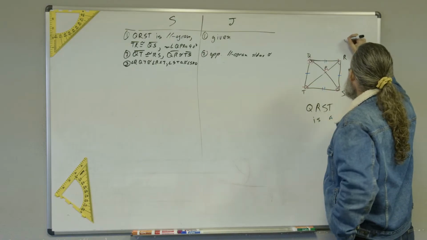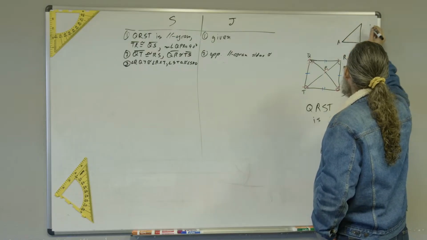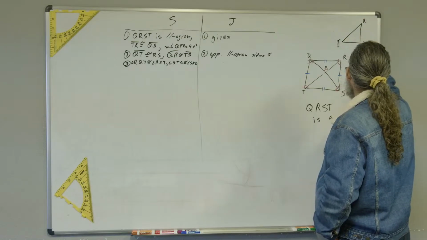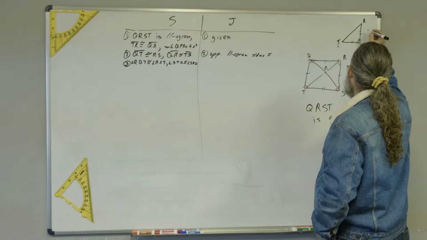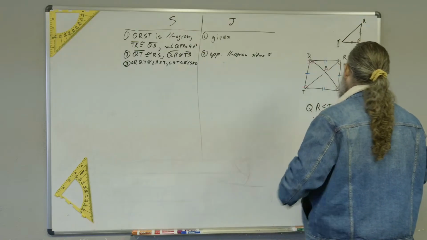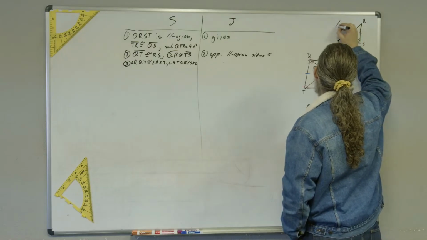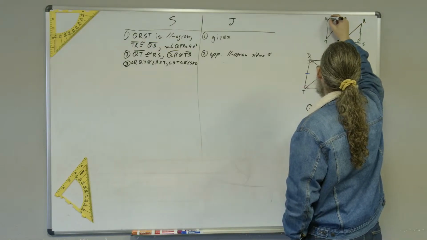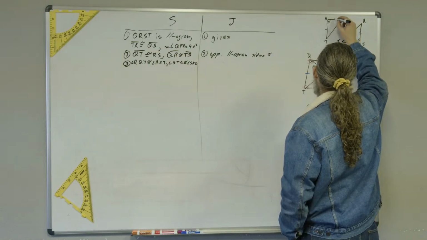So this triangle TRS, we've got this side and these tick marks. We've also got this big side is congruent to itself. So we've got triangle TRQ. This is congruent and this one and this one, right?